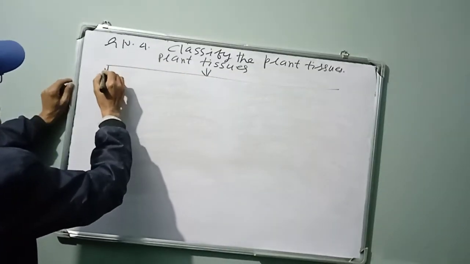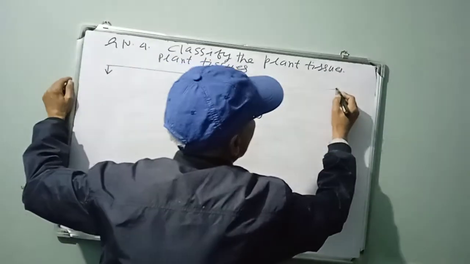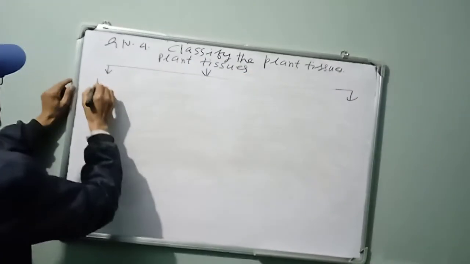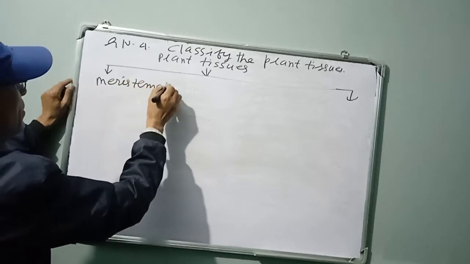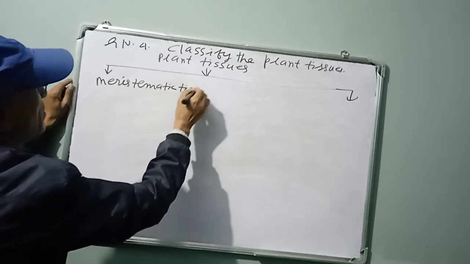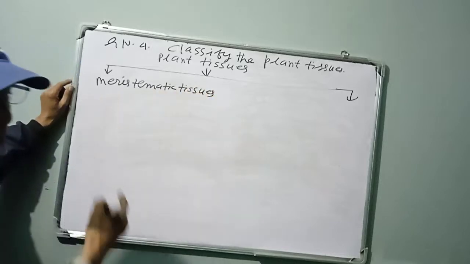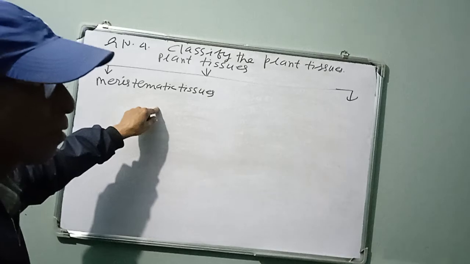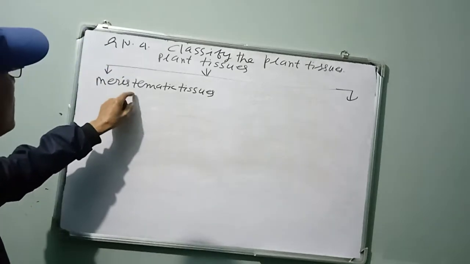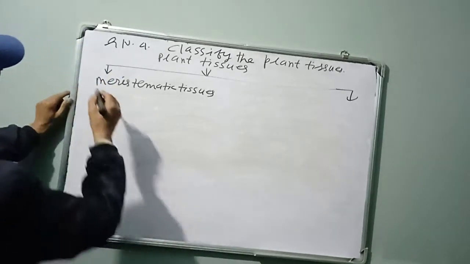There are mainly two types of plant tissues: meristematic tissues. Meristematic tissues are those which can grow or have the capacity to divide. All of them are living.